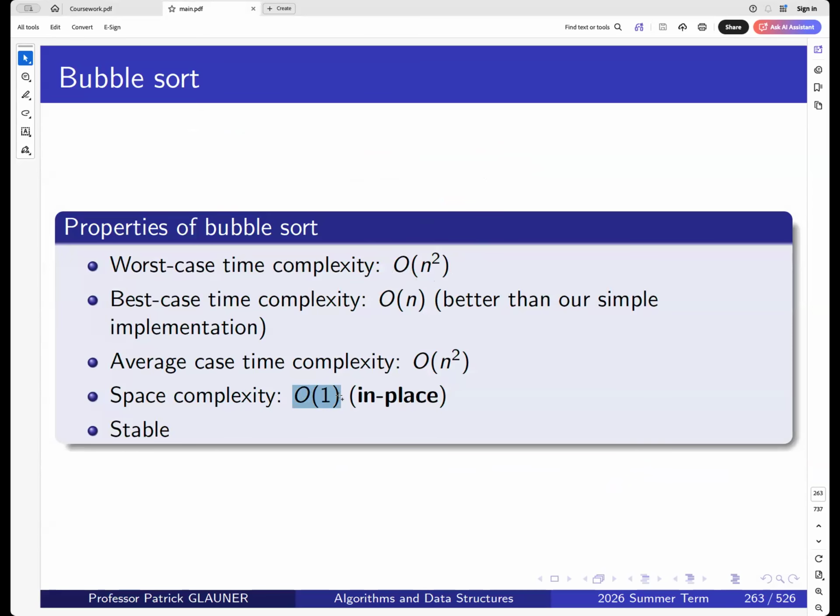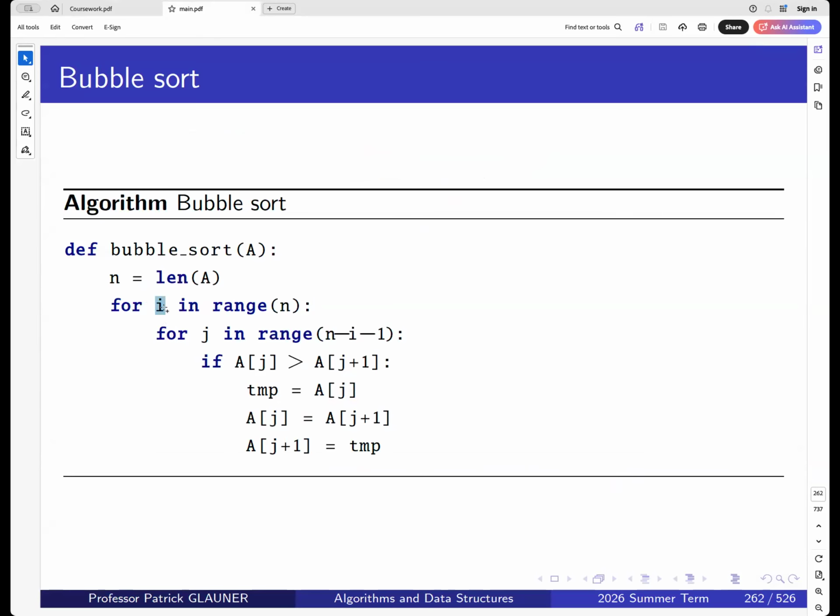And the space complexity is O of 1. So space complexity here means, well, we have an index, we have this n, we have an index here, we have a temp, but then the space is not subject to n, because here we have a so-called iterator, but that's something we will see in a few weeks, what an iterator does exactly.